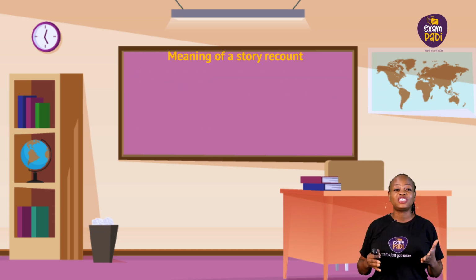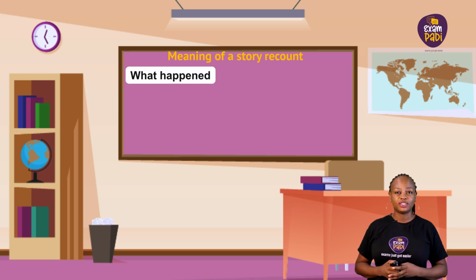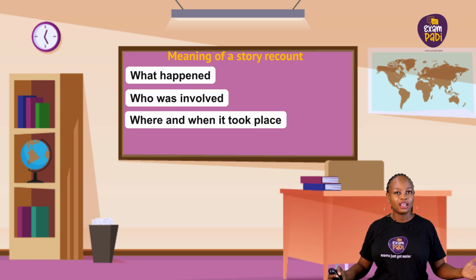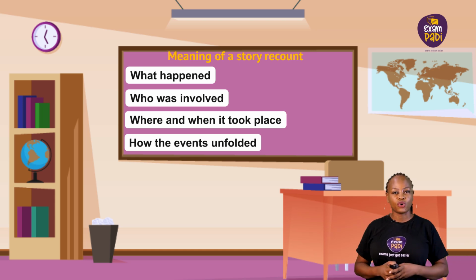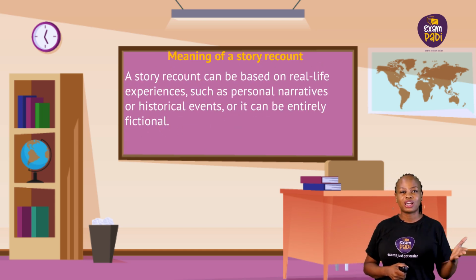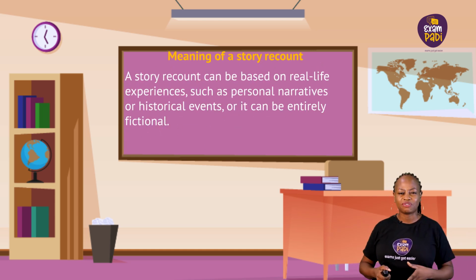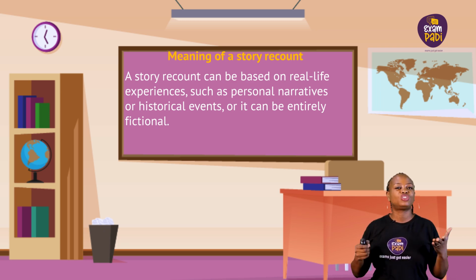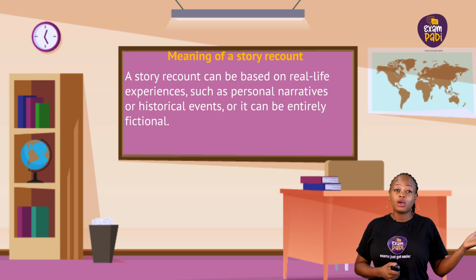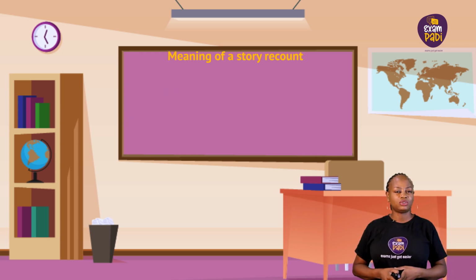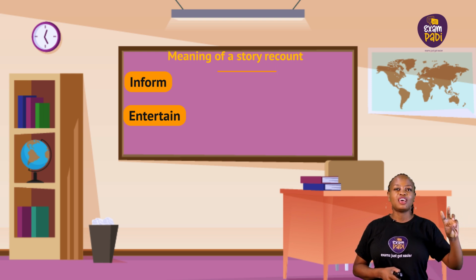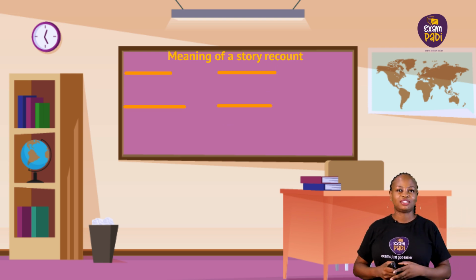It typically focuses on describing what happened, who was involved, where and when it took place, and how the event unfolded. A story recount can be based on real-life experiences, such as personal narratives or historical events, or it can be entirely fictional. The purpose of a recount is to inform, entertain, evaluate, or educate.